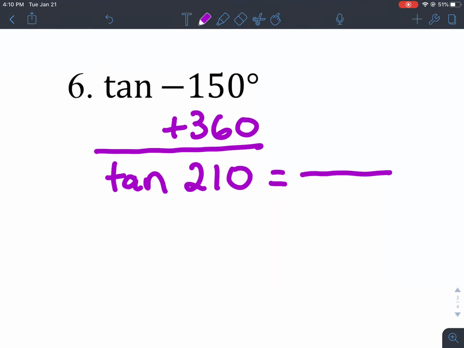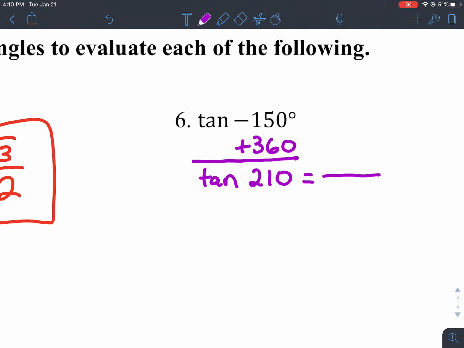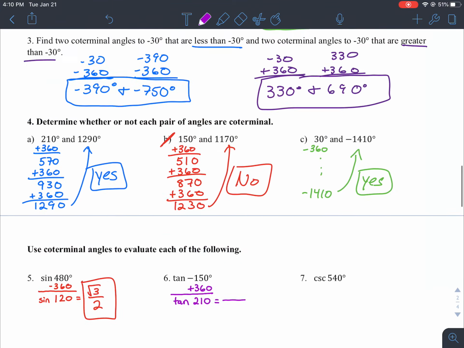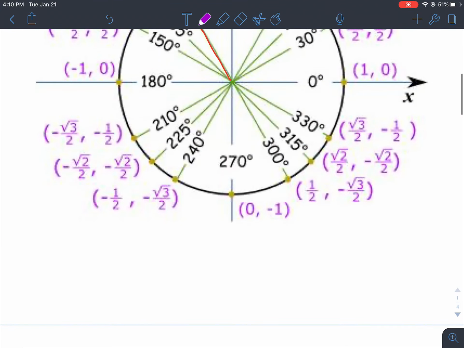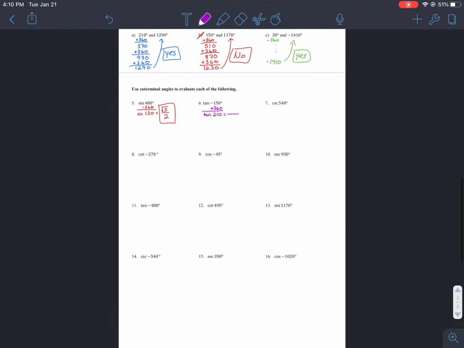As we discussed yesterday, tangent is sine over cosine. So in other words, it's the y-coordinate over the x-coordinate at 210. So at 210, the y-coordinate is negative 1 over 2.